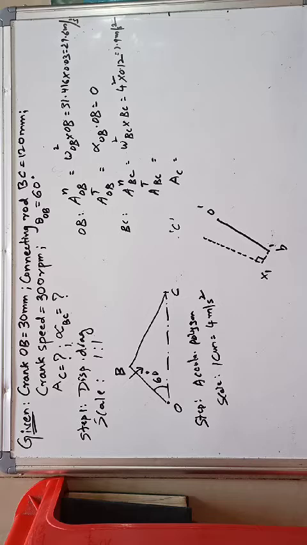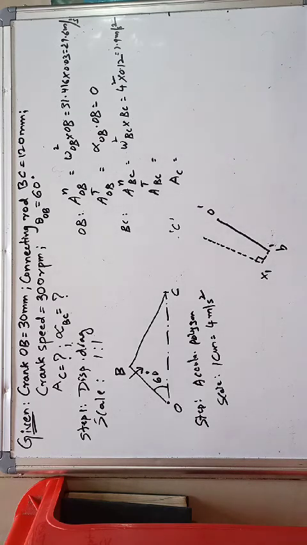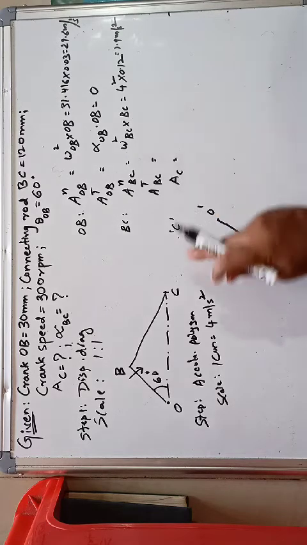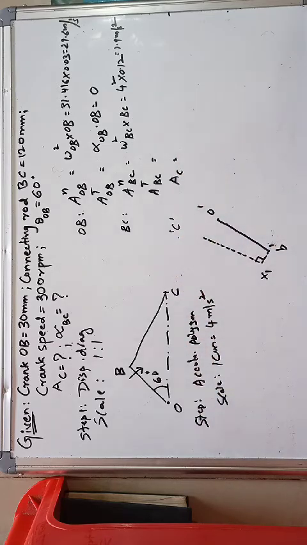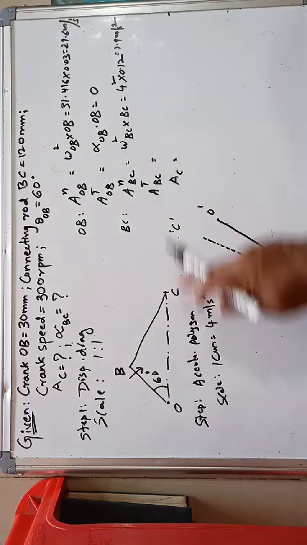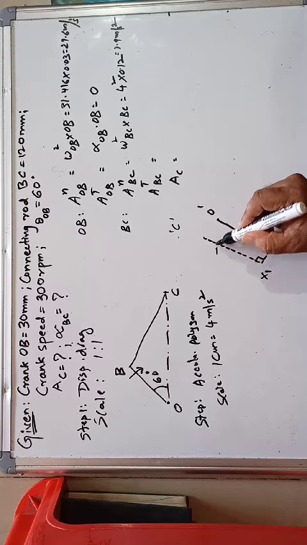Right? Similarly, if you just see this element C, I am going to represent the point C now. So the point C is moving in which direction? It is in the horizontal direction. The linear acceleration is always in a direction parallel to the line of stroke. So from O, you draw a line parallel to the link OC.